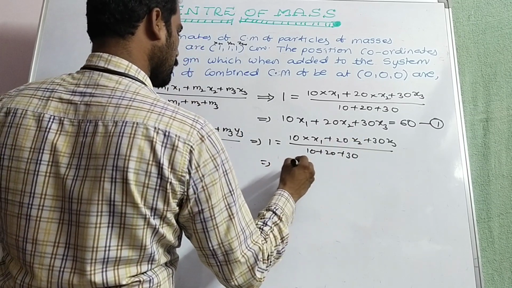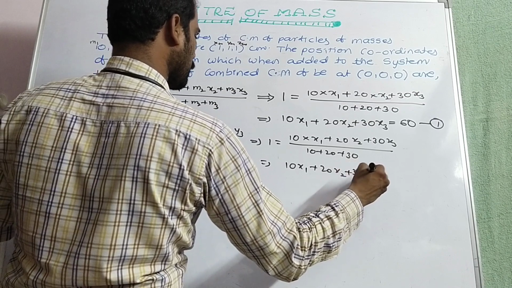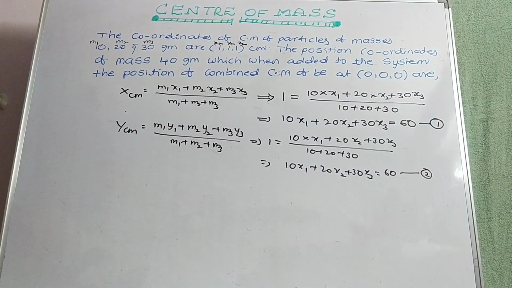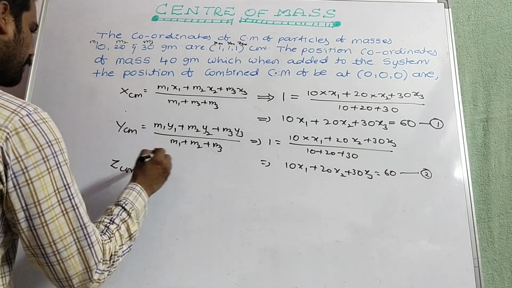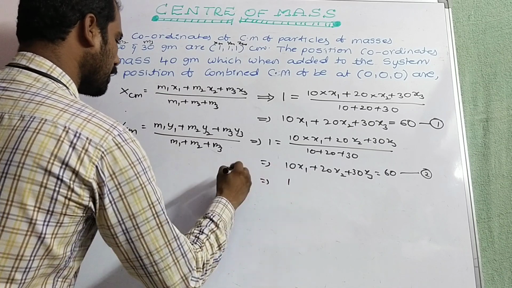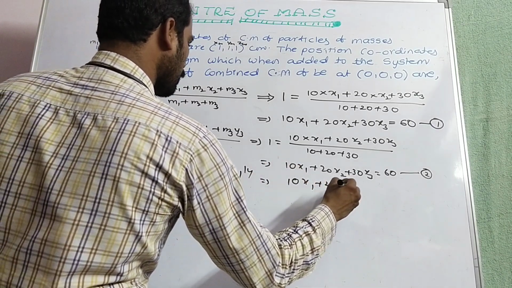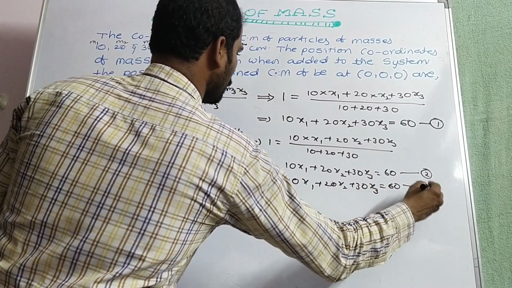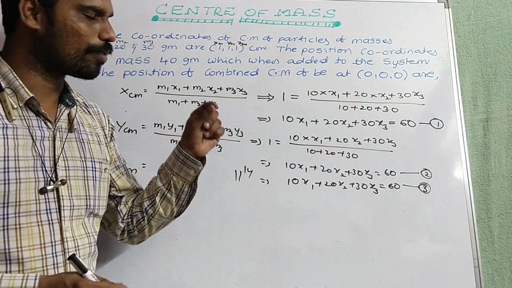That implies 10y1 plus 20y2 plus 30y3 is equal to 60. That is the second equation. And for ZCM, in a similar manner, we obtain 10z1 plus 20z2 plus 30z3 is equal to 60.